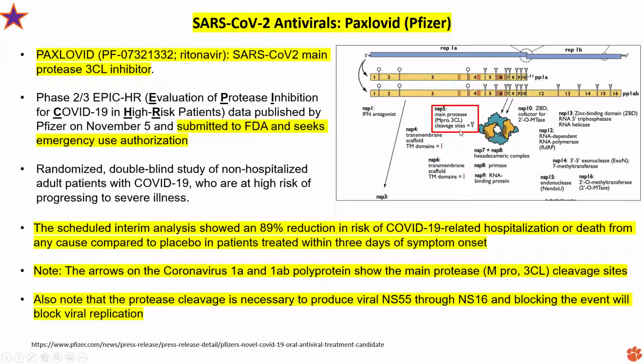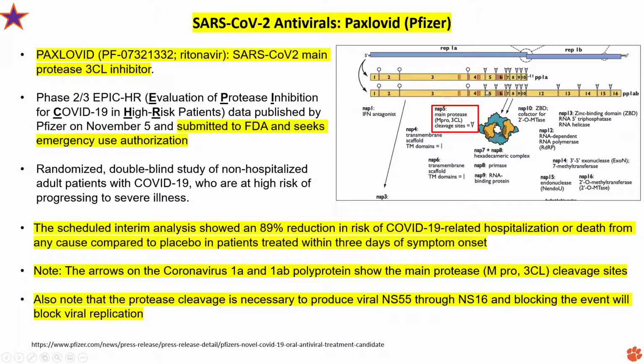Now, if you look at NSP5, which is right here, this is the main protease, also known as the 3CL protease. The cleavage sites where it cuts are these arrows. NSP3 is another protease, and NSP3 cuts at these points, where you see these dots: 1, 2, 3, and 4.